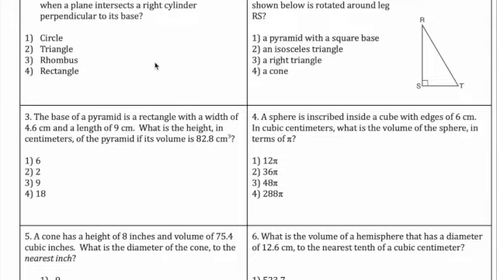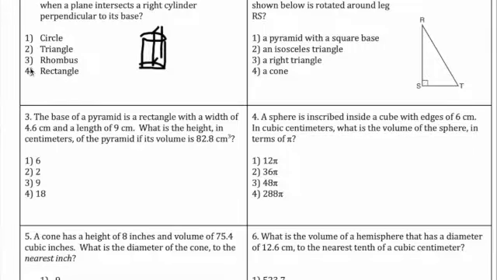perpendicular to its base? So, cylinder, I could probably draw this better, but okay, let me see if I can. My cylinder up, okay, and if I were to cut this and then open it up, what shape would I get?